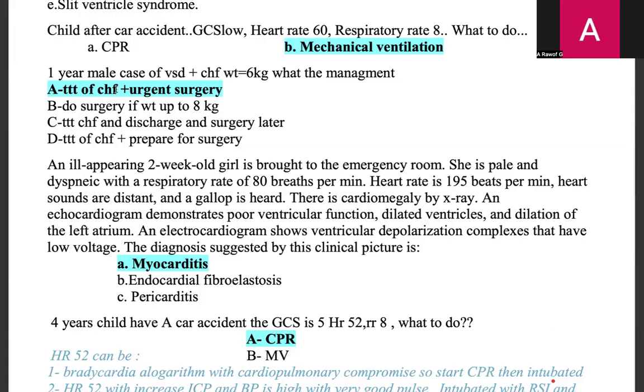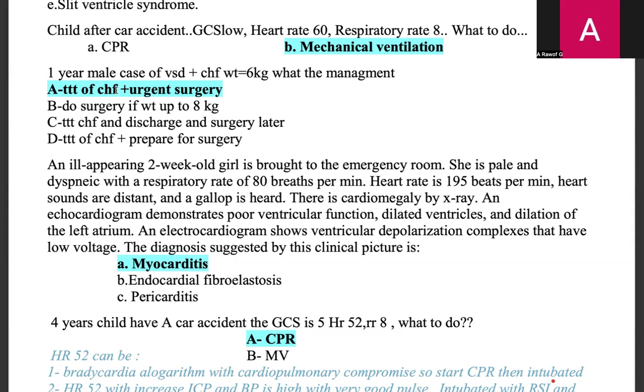One-year male, case of ventricular septal defect. One-year-old case of ventricular septal defect with CHF, congestive heart failure, weight 6 kg.